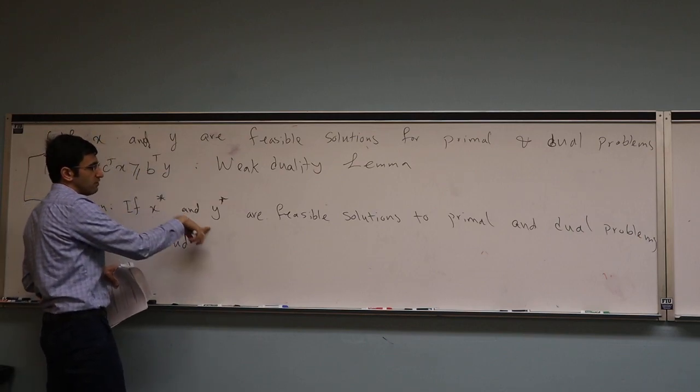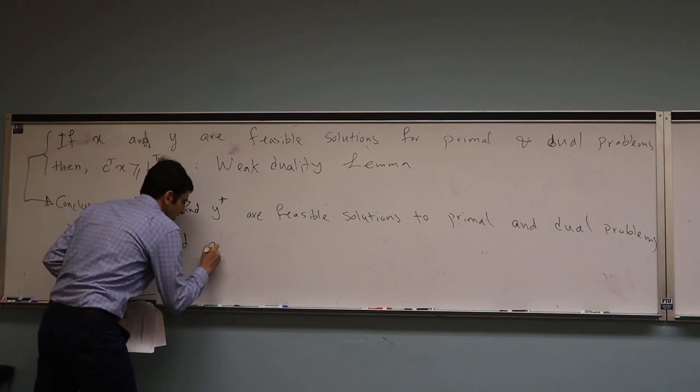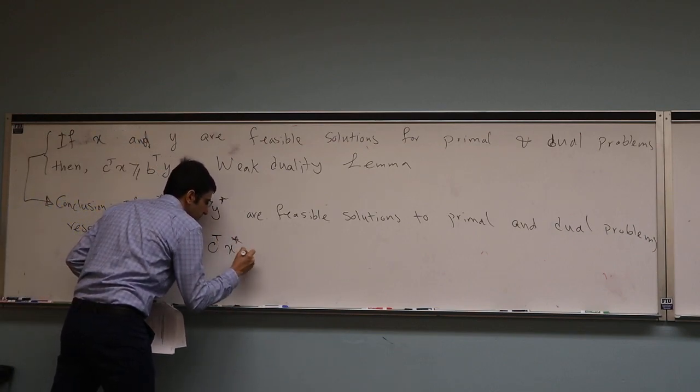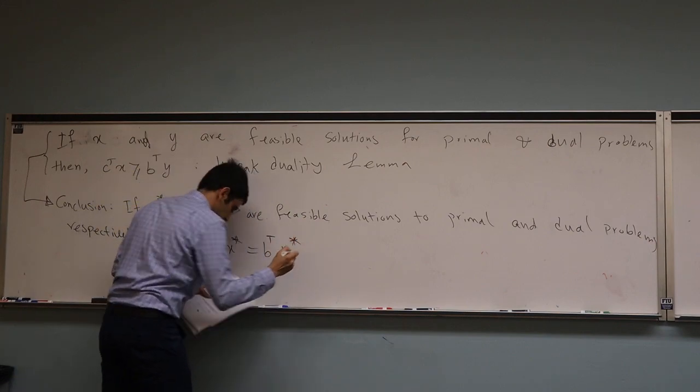First, X star and Y star are feasible solutions to primal and dual problems, and C transpose X star is equal to B transpose Y star.